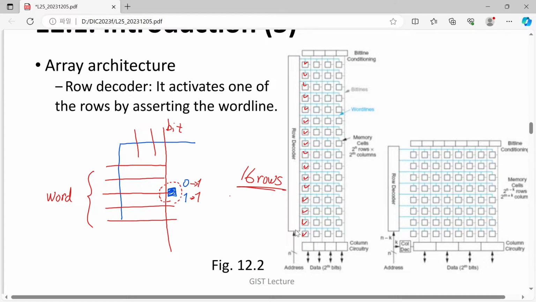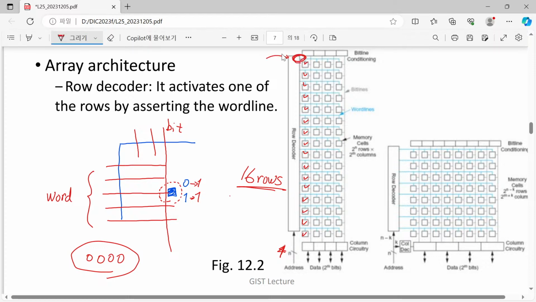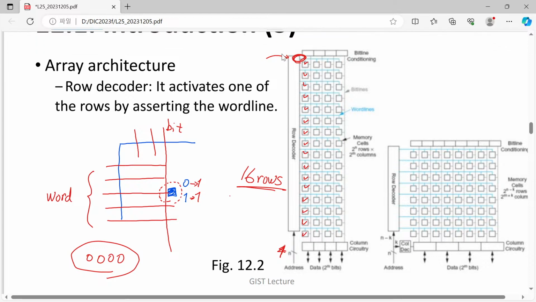It is given by just a 4-bit address. For example, 0000. If you have this 4-bit address, it simply means that we will activate this very first line. Only this very first line is selected, and all of our other rows are not selected.